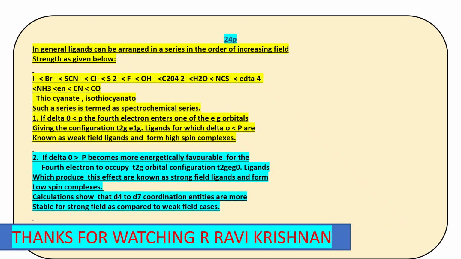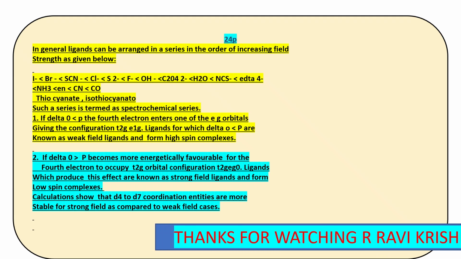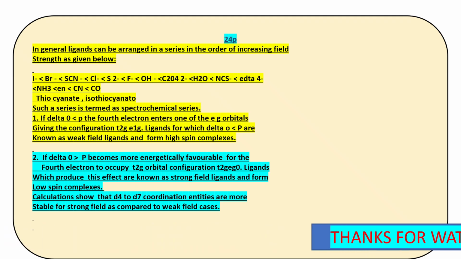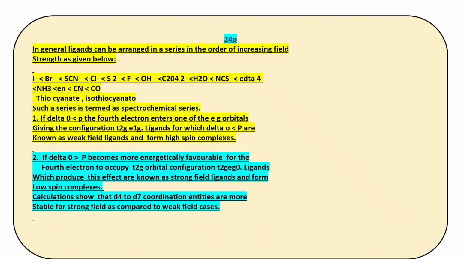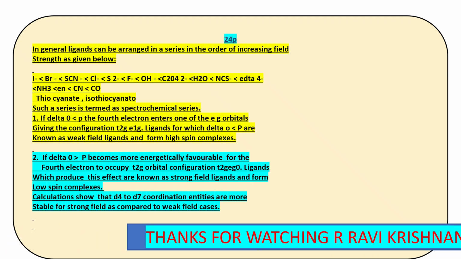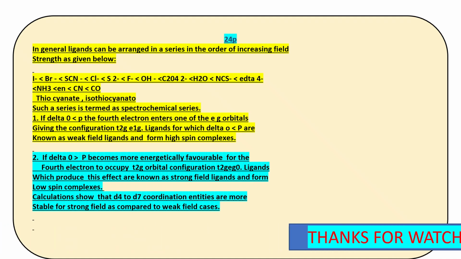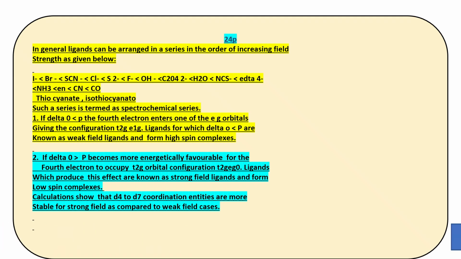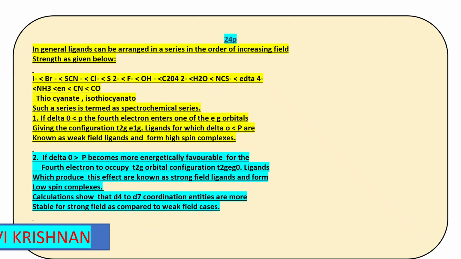If delta o is greater than P, it becomes more energetically favorable for the fourth electron to occupy a t2g orbital, giving the configuration t2g4 eg0. Ligands which produce this effect are known as strong field ligands and form low spin complexes. Calculations show that d4 to d7 coordination entities are more stable for strong field as compared to weak field cases.